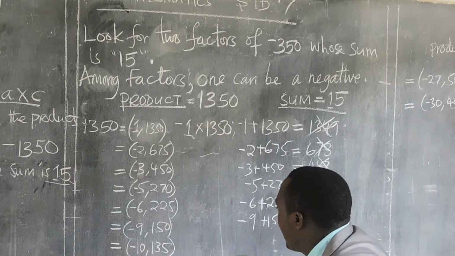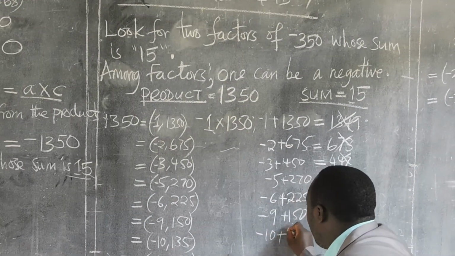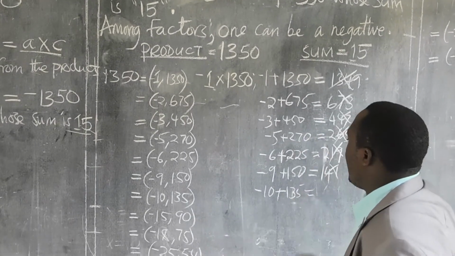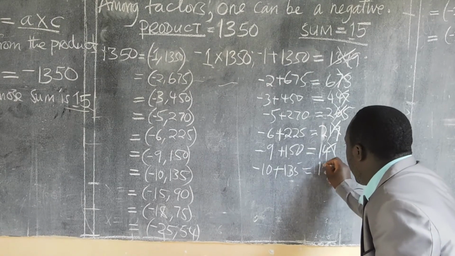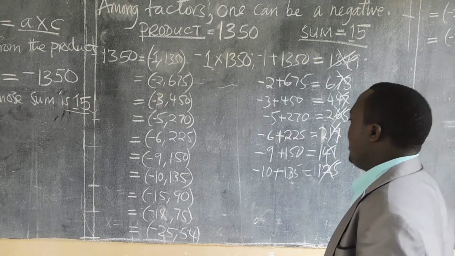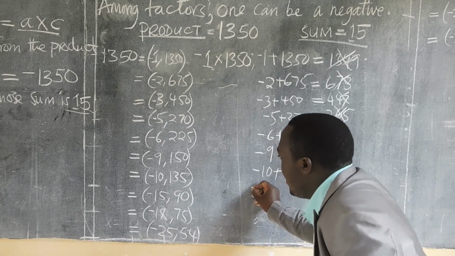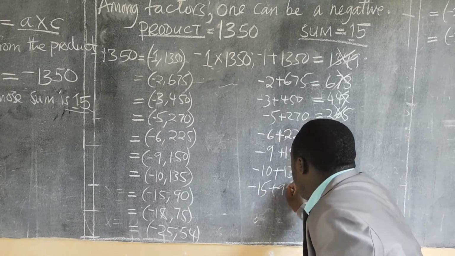The same to here again. Take negative 10 plus 135, which is equal to taking 135 minus 10, which is equal to 125, which is not correct. The same to here. Taking negative 15 plus 90.